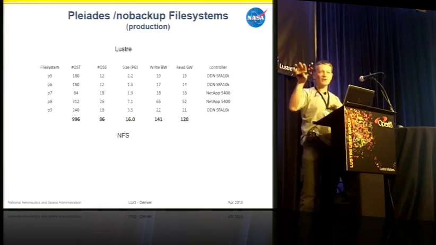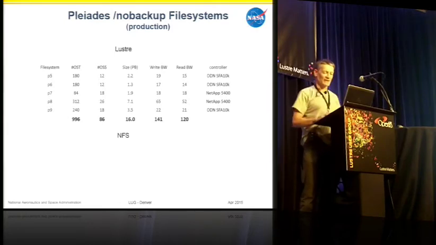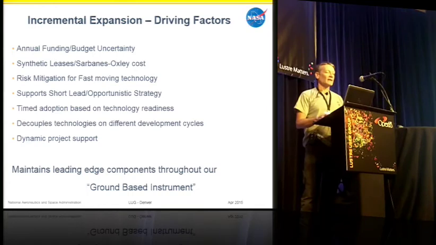When the processors are ripe and it's time to add those, we can add those in. And so it allows us to better match against the technological availability and applicability of these various pieces that we want. So here's a bunch of reasons why incremental expanding maps best to our budget process.